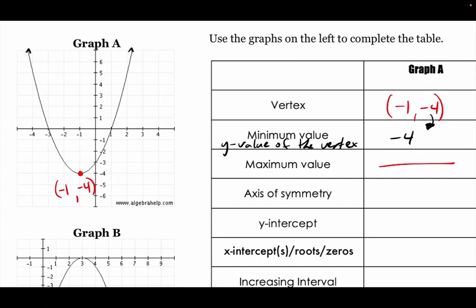Okay? Now I got to figure out where that green line is going to be. Where is that green line going to be that's going to cut this guy in half? Well, here's the easy answer. It always goes through the vertex. So it's always going to be a vertical line, and it's always going to go through the vertex. So it's going to be right there.